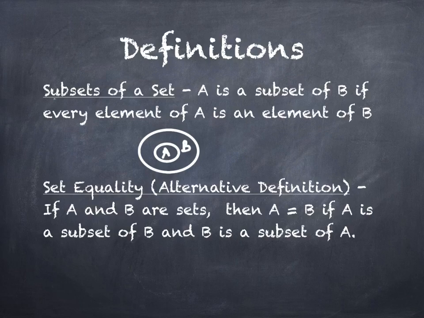Okay, so we have another definition of set equality. We encountered this idea last time, and this really isn't an alternate definition as in it really is different. It's just notationally it looks different.